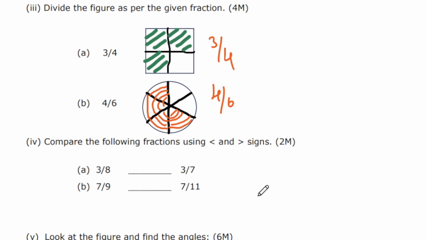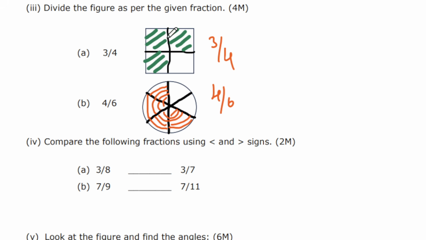Next, compare the following fractions. Now you have to compare the following fractions and find out which one is greater and which one is smaller. Okay, so we already know if the number of parts is lesser, the piece will be bigger in size.